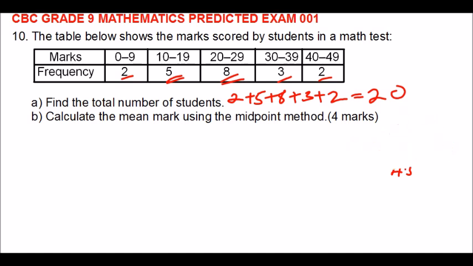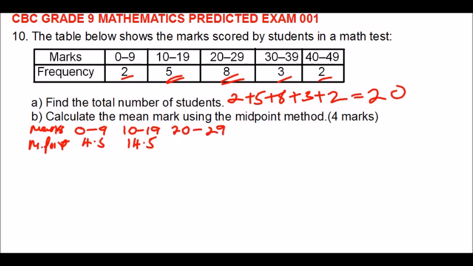So with that example there, we can say 0 to 9, the midpoint is 4.5. 10 to 19, the midpoint is 14.5. This is the marks. This is the midpoint. So from 20 to 29, there were 8.